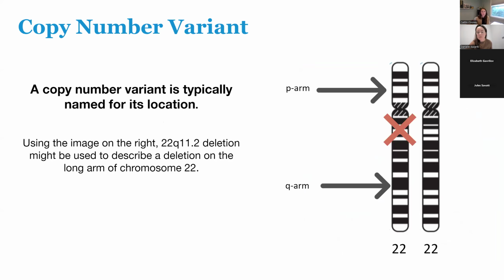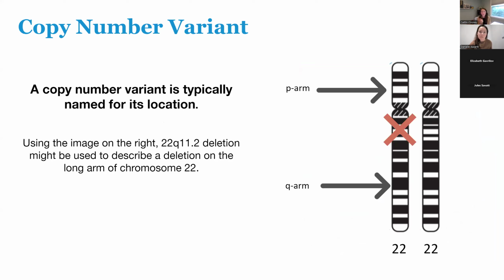Copy number variants are typically named for their location. Same as sequence variants, we like to describe where the change is. Our chromosomes usually have two arms. There's a shorter arm which we call the P arm and a longer arm which we call the Q arm. So using the image on the right, this 22q11.2 deletion might be used to describe a deletion on the long arm of chromosome 22.